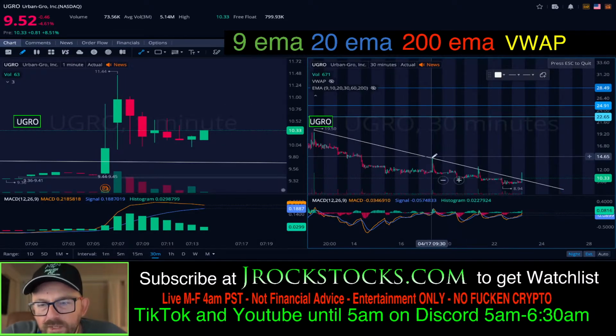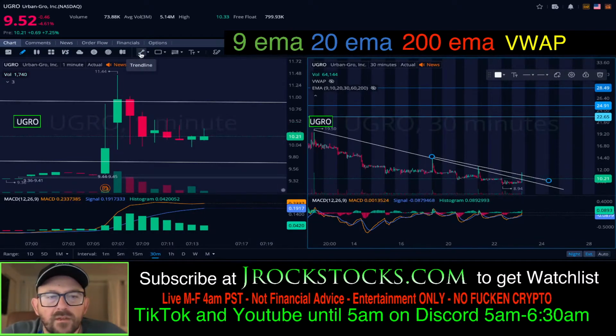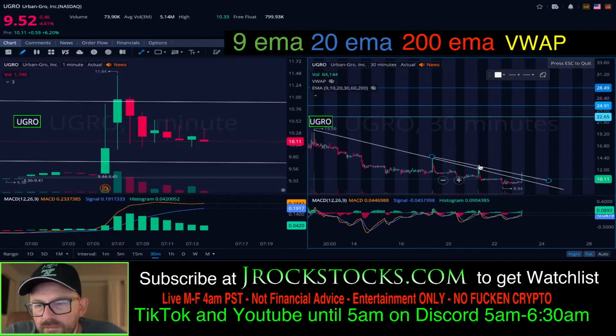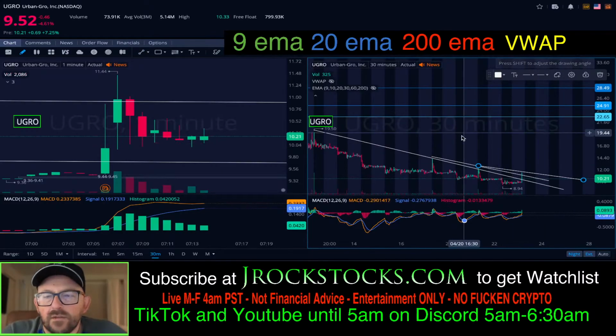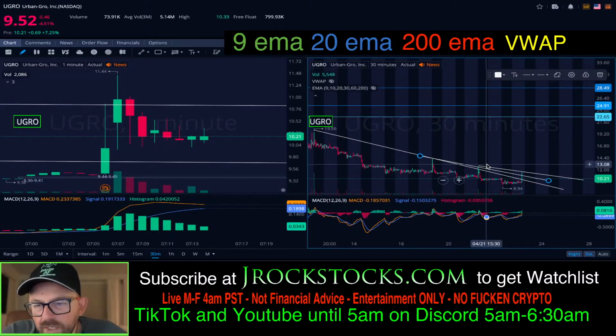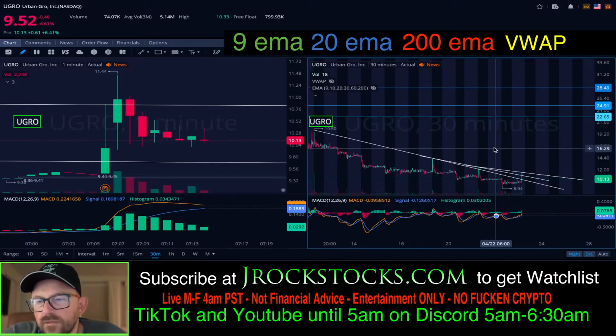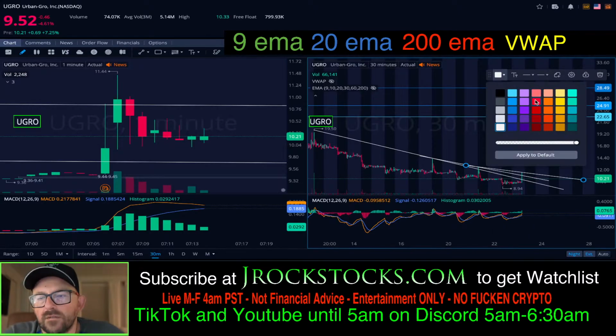Then you go from here to here. And then you go from here to here. All right, so those are your 3 levels. Now you can adjust these again just to make them a little bit more precise. All right, so there we go. And actually, these are all red.